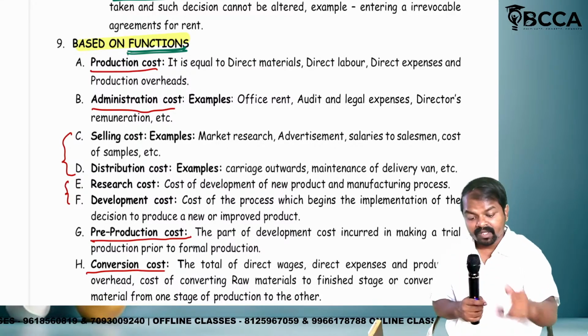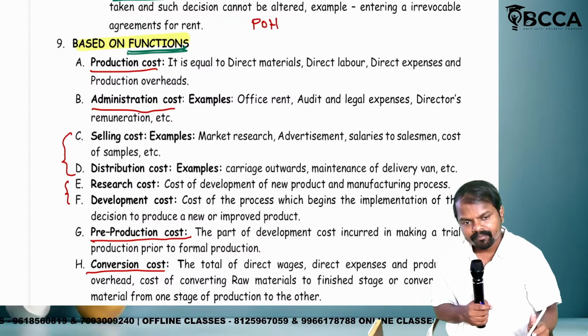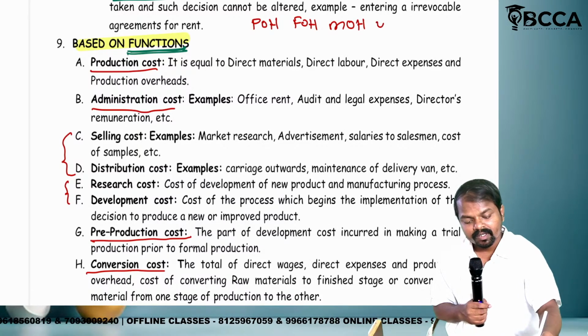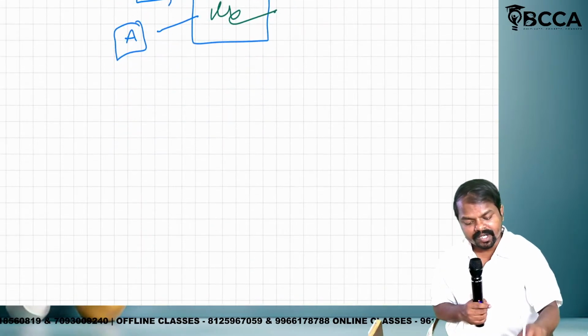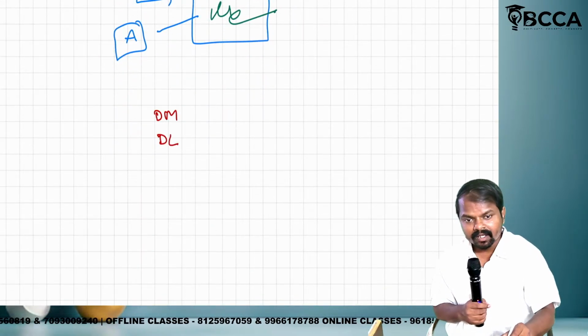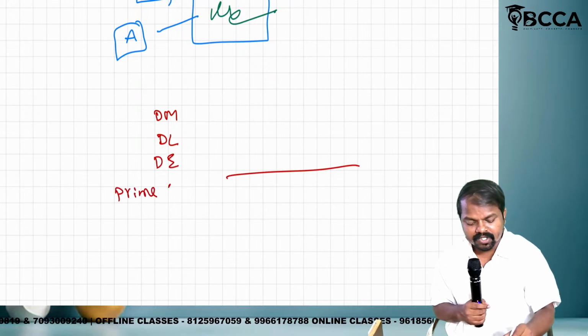See, POH, alternative name FOH, alternative name MOH, alternative name works overhead. If you remember the cost sheet, DM, DL, DE, result called prime cost.